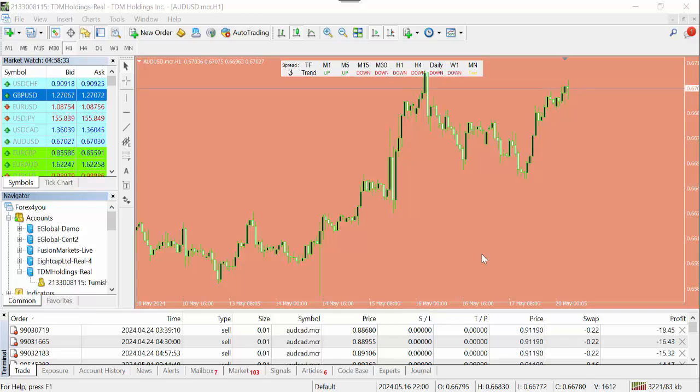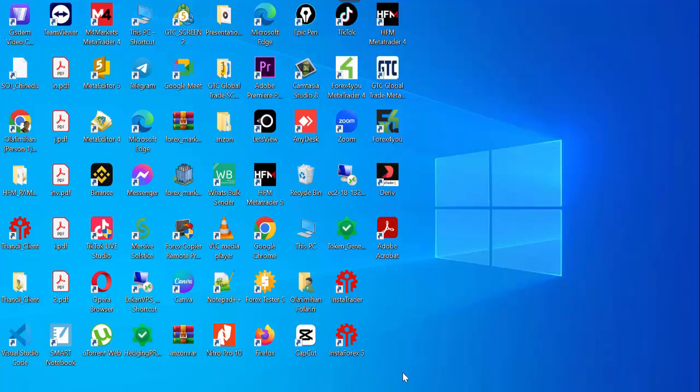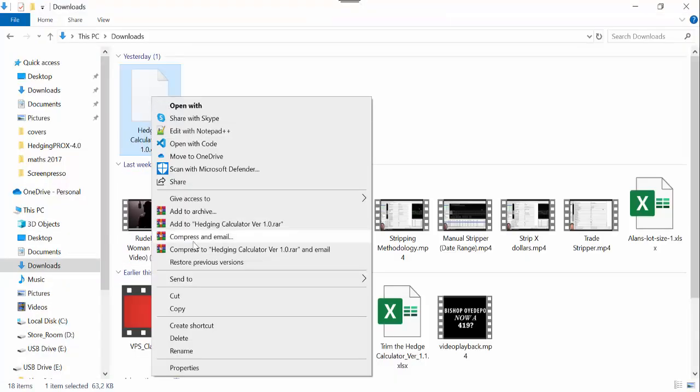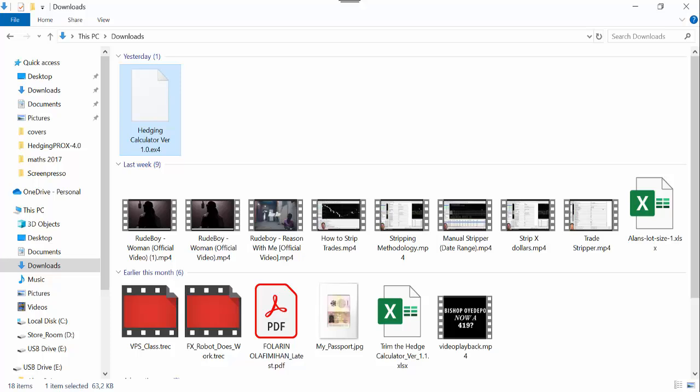So the first thing is we are going to install the calculator inside our indicator folder. Let's do that. Copy the piece of software.